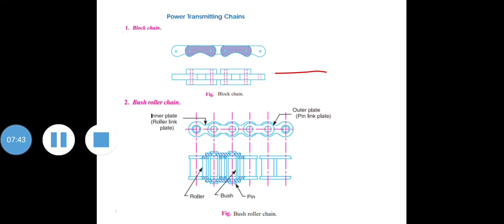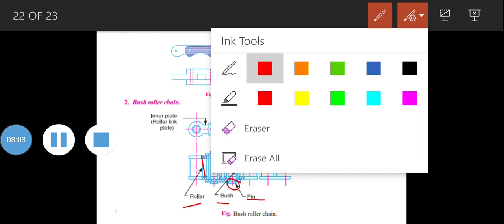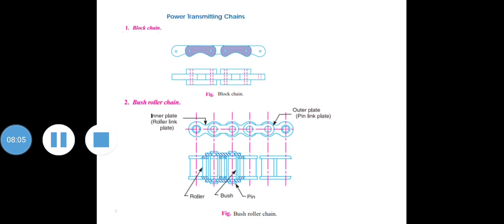The second is the bush chain or bush roller chain. In this bush roller chain, this part is the roller, and inside these lines this is the part of the bush. Here a pin is arranged, which is used to hold this together.